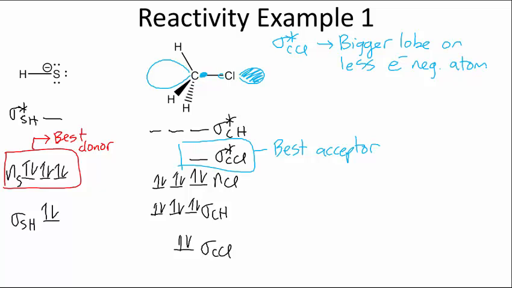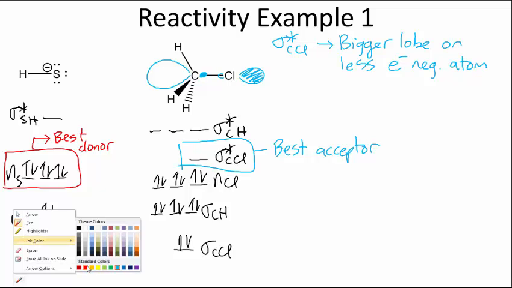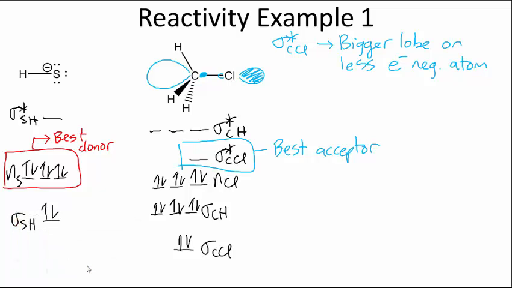And then my sulfur lone pairs are just going to be sp3 hybridized orbitals. There'd be one going this way, one going that way, pointed out in different directions. So I have my lone pairs.